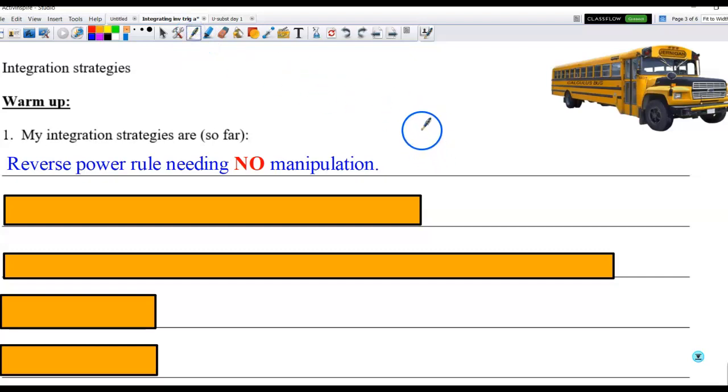So an example might be the antiderivative of 4x cubed plus x dx. So when you look at that problem, hopefully you realize I don't need to do any manipulation, I don't need to make any changes, there's nothing special about it, I'm going to reverse the power rule.